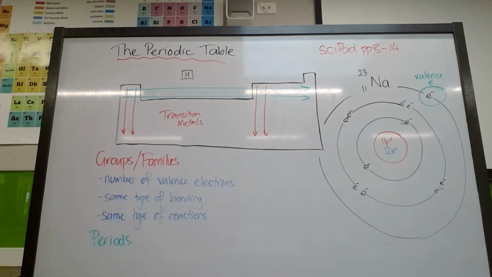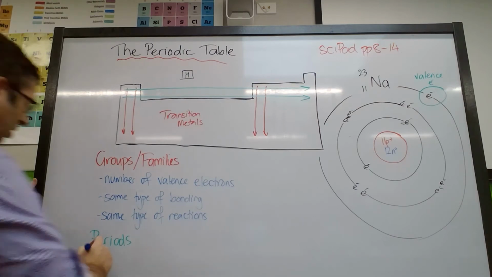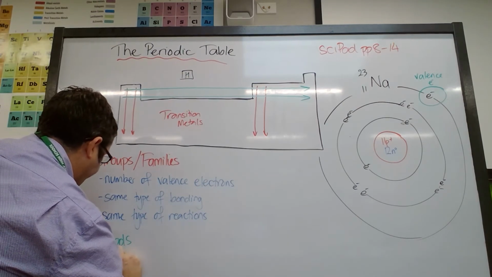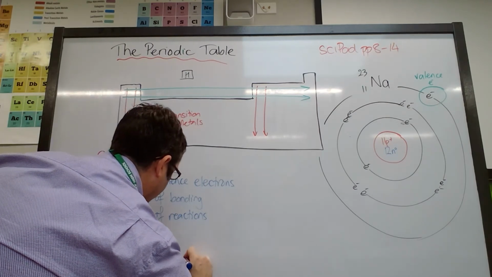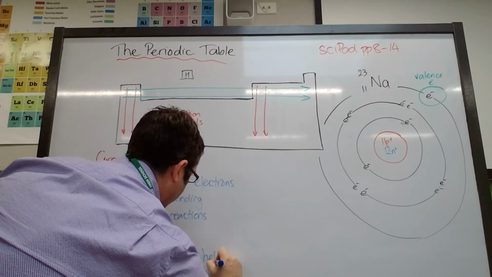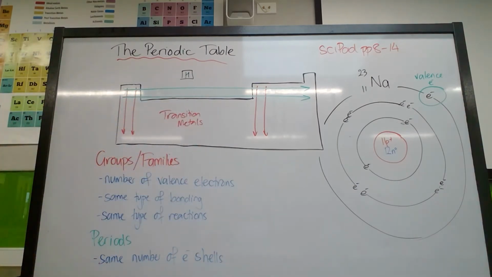The periods have the same number of electron shells, and we use shells this year, but I prefer the word energy level. So hydrogen and helium only have one electron shell or energy level.